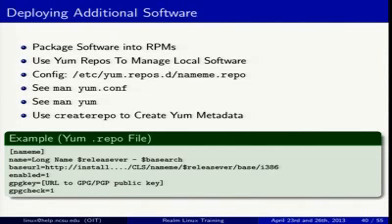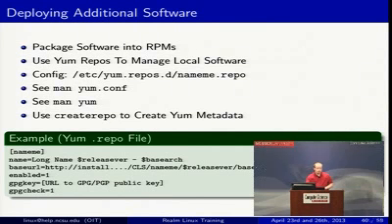Deploying additional software. We highly recommend that folks deploy software with RPM packages in Yum repositories. The simple thing to do is create a Yum repo file in the /etc/yum.repos.d directory. I've given the format in the slide.